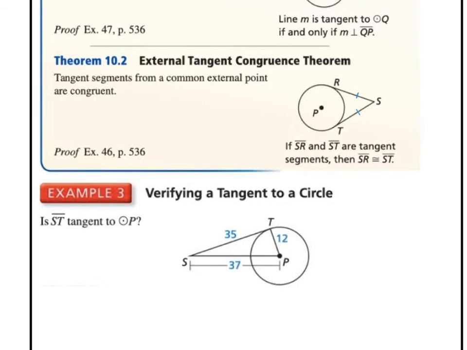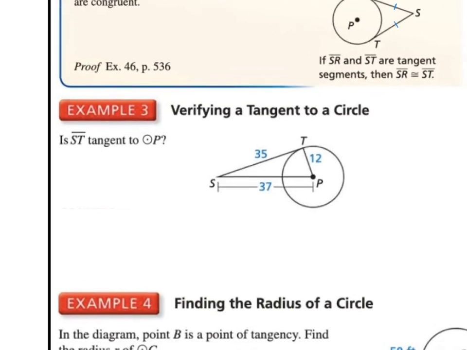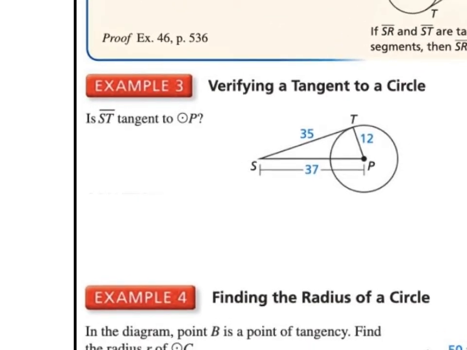Okay. So we're going to check to see, for example 3, is it tangent? In order to be tangent, it has to touch at one point and make a 90-degree angle. So a right angle. So we're going to use Pythagorean theorem to check.